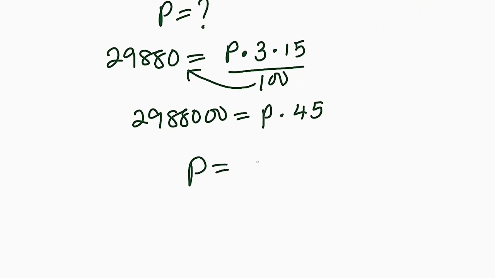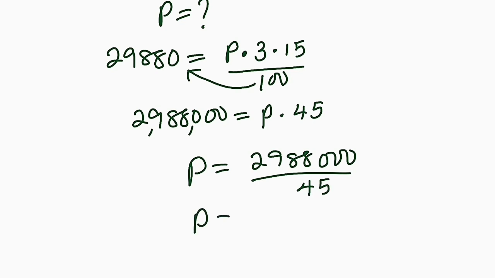P, which is the principal, is equal to 2,988,000 divided by 45. And this is equal to 66,400 naira. Therefore, the principal amount is 66,400.